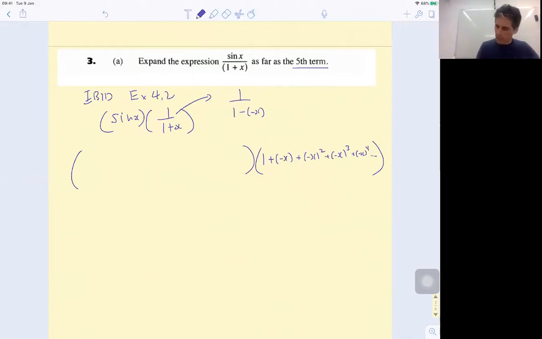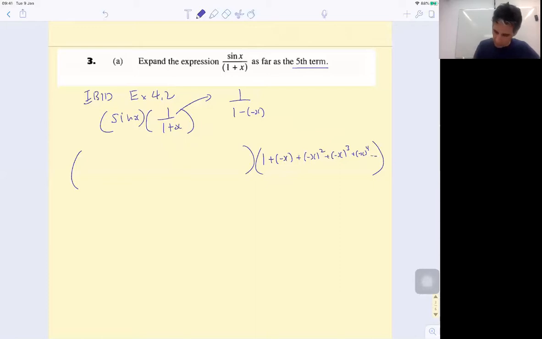Now we're going to take this minus x cubed over 3 factorial and multiply times everything in this bracket. You can see our first term will be x cubed times 1, so it'll be a cubic term, and we'll place it right underneath this cubic term so we can keep track of everything. So we're going to get minus x cubed over 3 factorial.